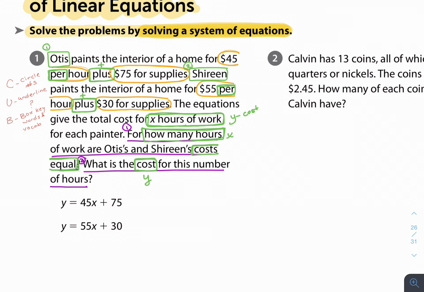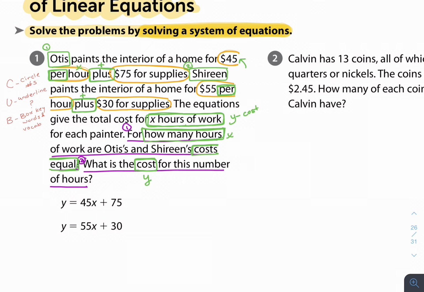Why is it important? Because usually when you have a word like per or for every or for each, it is highlighting to you in invisible neon that this may be your rate of change, your slope, right? Because it's happening every hour.